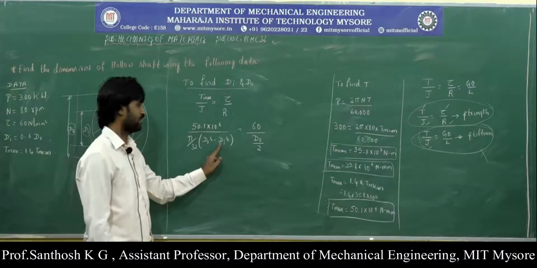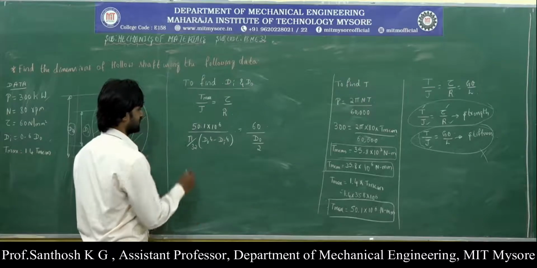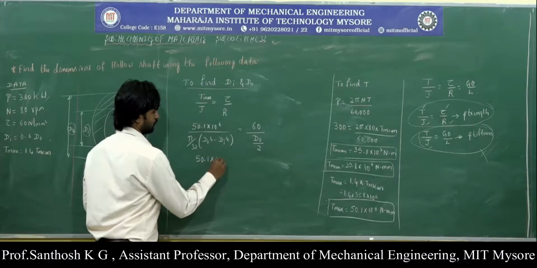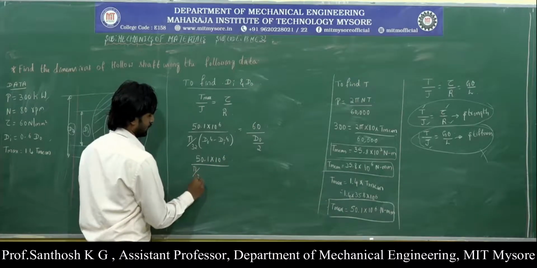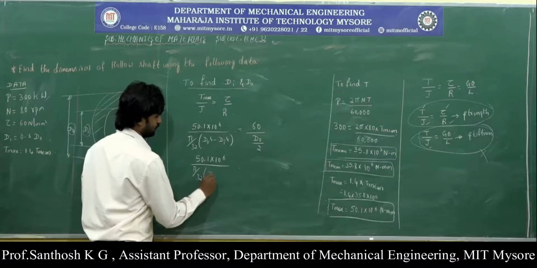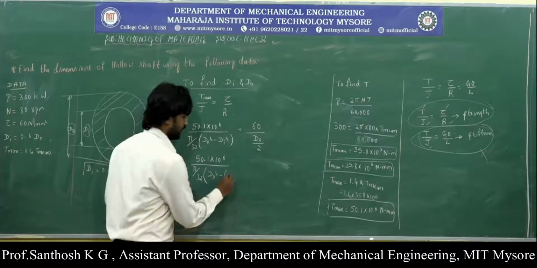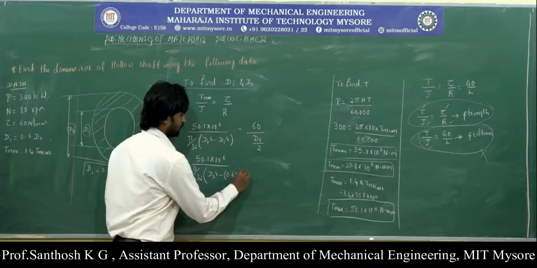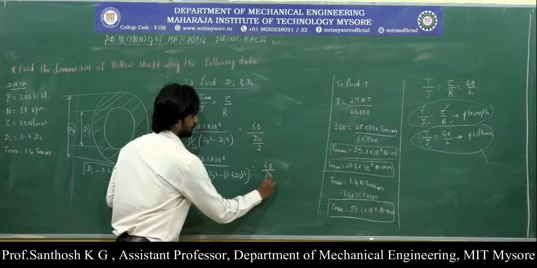But in the problem it is stated that the value of di is 0.6 times d naught. So 50.1 into 10 to the power of 6 divided by pi by 32 d naught to the power of 4 minus, in place of di, I will write 0.6 into d naught to the power of 4, equals 60 divided by d naught by 2.